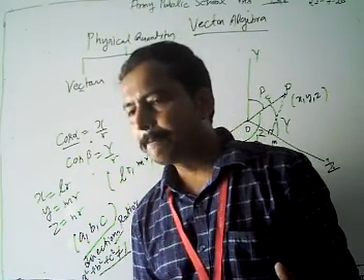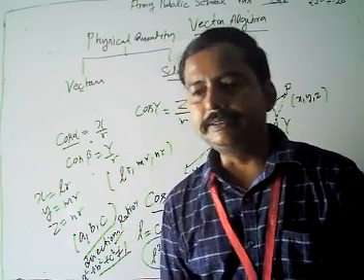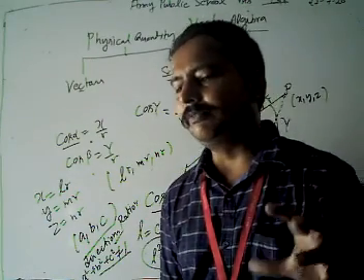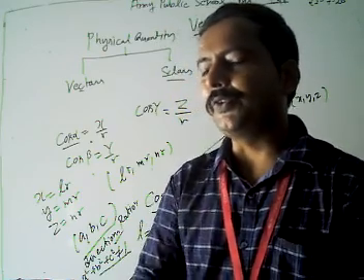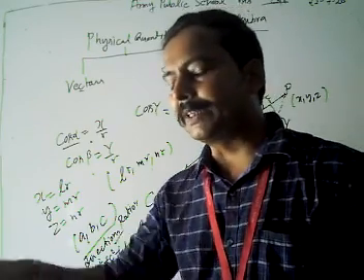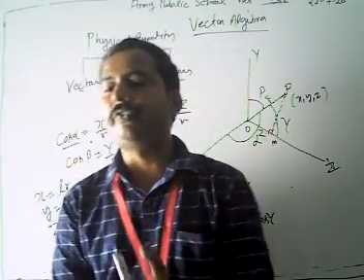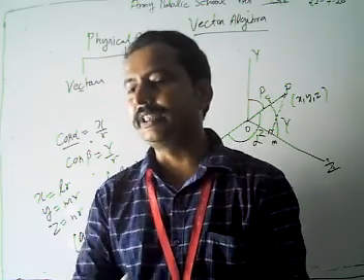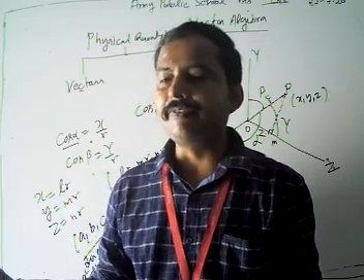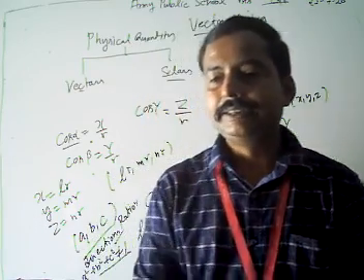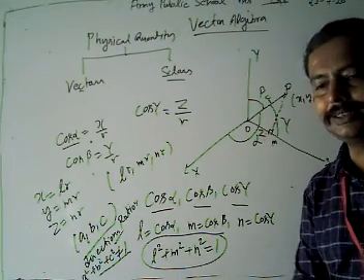But from direction ratios we cannot find out one specific line. From direction cosines we can say yes, this is the line having these direction cosines, but there are many lines which may have the same direction ratios. That is the basic difference between direction cosines and direction ratios.